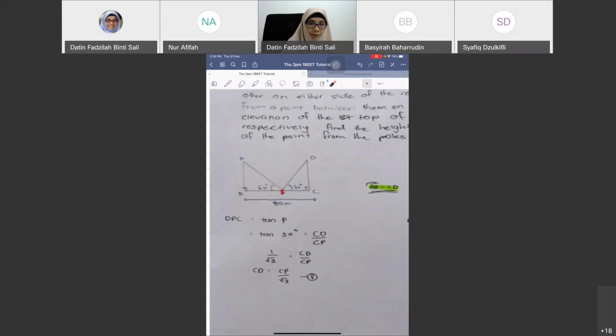Your friend denotes the point by P. The point P makes an angle of elevation to A of 60 degrees, and 30 degrees here. It doesn't matter whether the 30 is here or there. You just mentioned that the angles of elevation to the top of the poles are 60 degrees and 30 degrees respectively. What we want is to find the height of these two poles.